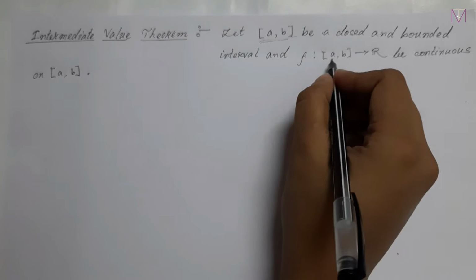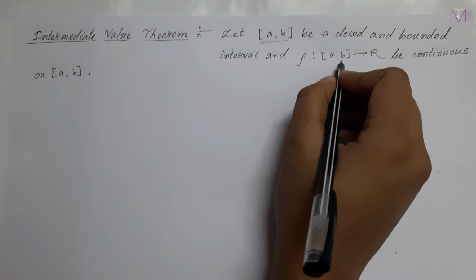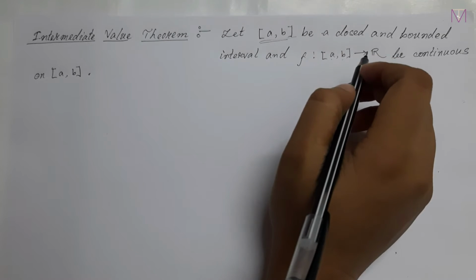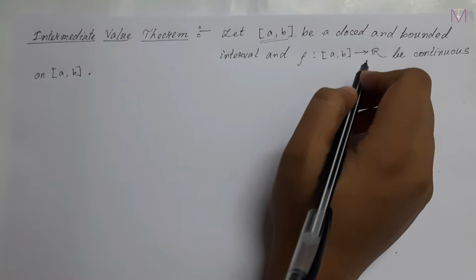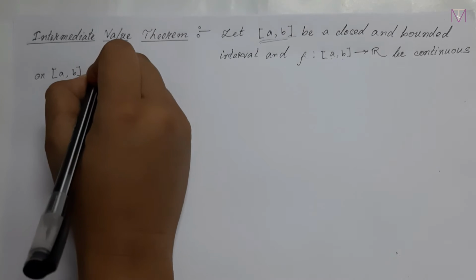Now if f(a) is not equal to f(b), then f(x) must assume once all values between f(a) and f(b) in the open interval (a, b). Let's write it first.